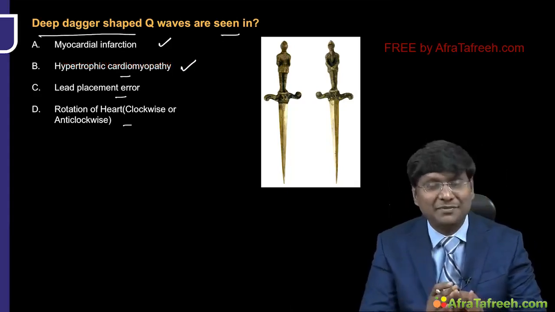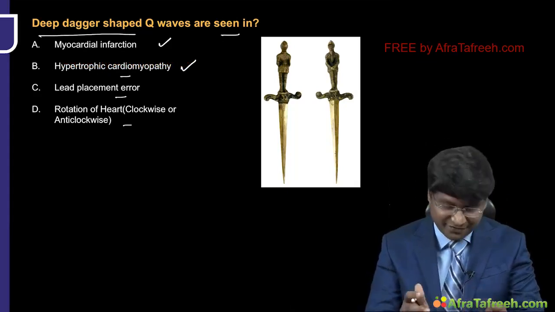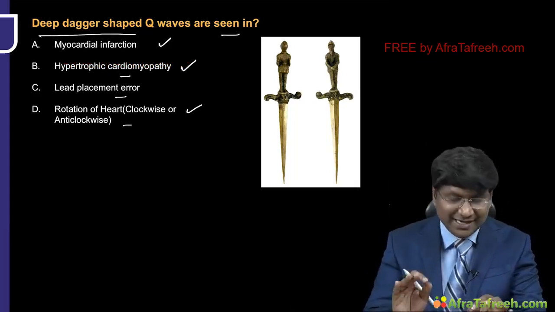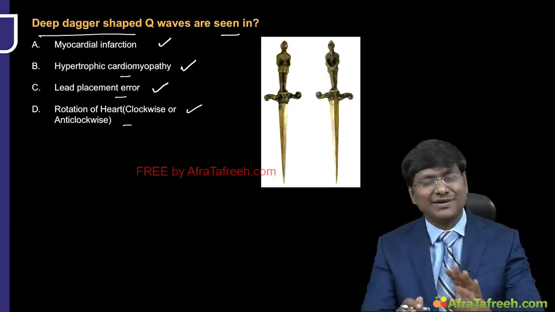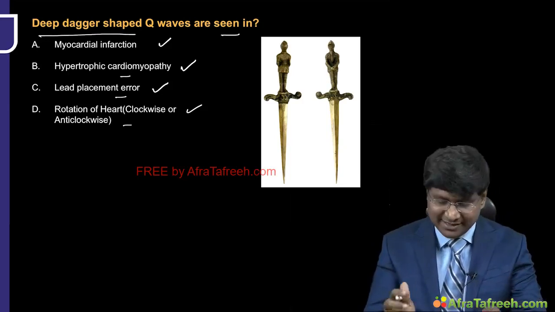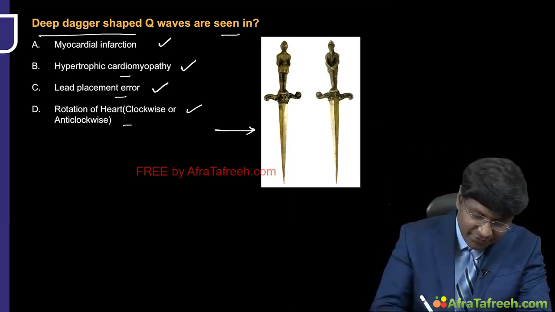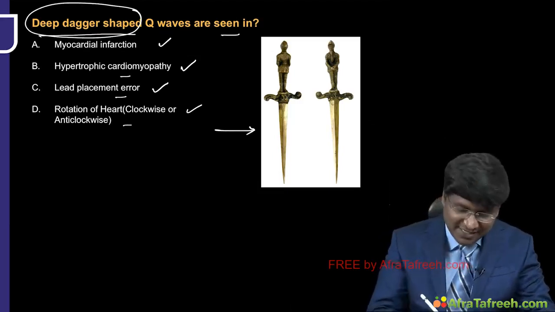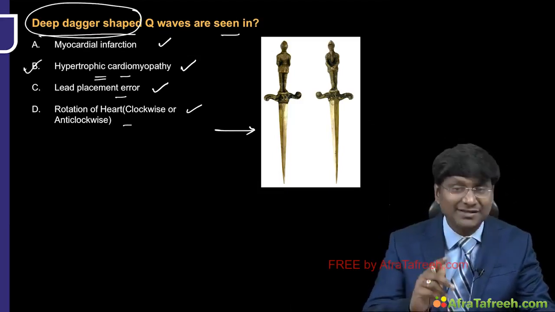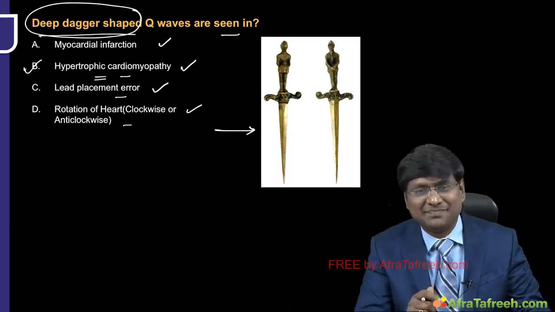In hypertrophic cardiomyopathy, you will have pathological Q wave. And rotation of the heart, you will have pathological Q wave. Lead placement error, you will have the pathological Q wave. But the question is very clear: where are deep dagger shaped Q waves?